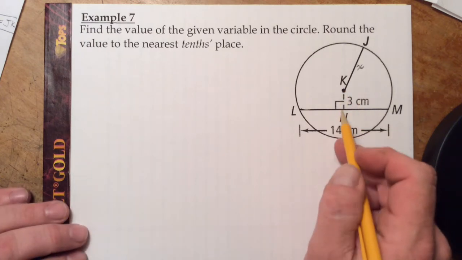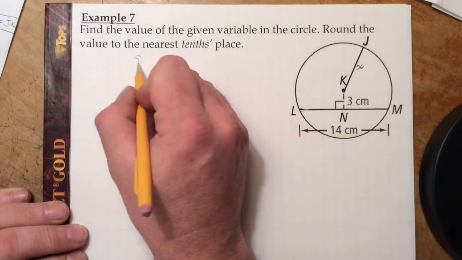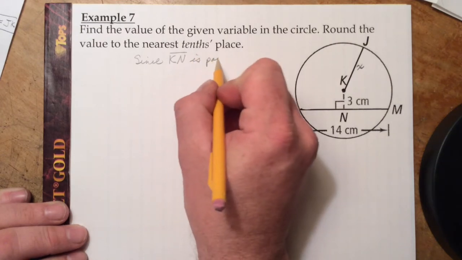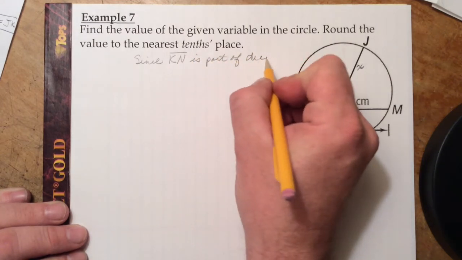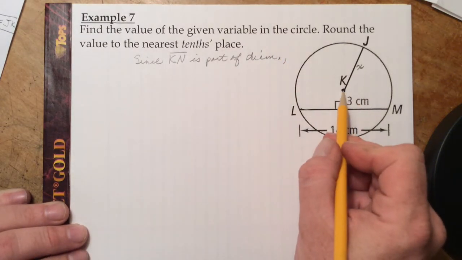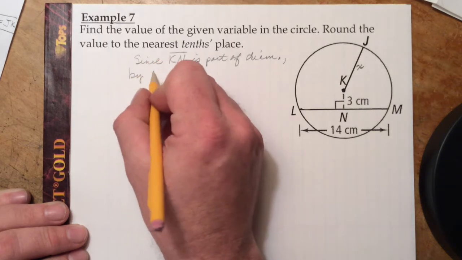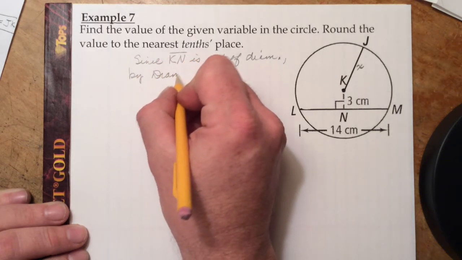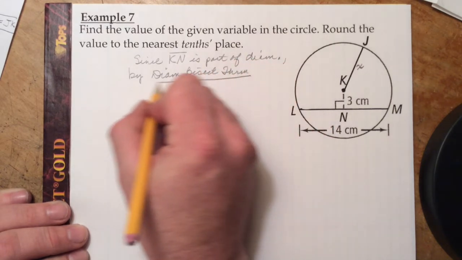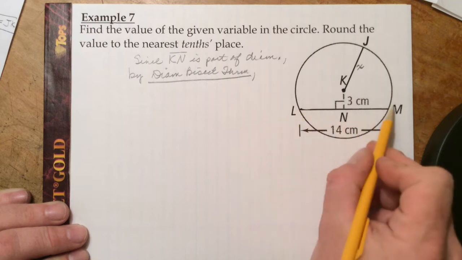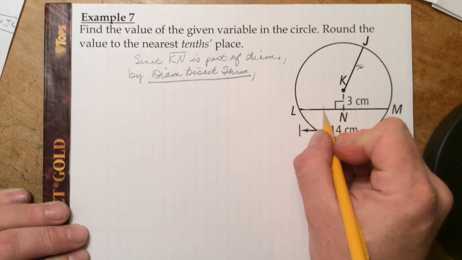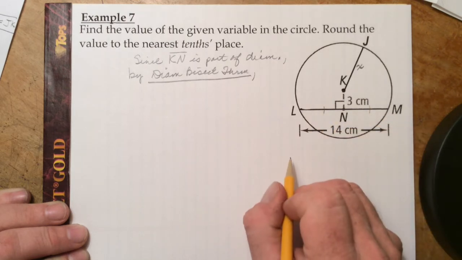So since KN is part of the diameter, then we can state by the diameter bisector theorem that where it crosses LM right here, it causes these to be congruent to each other.